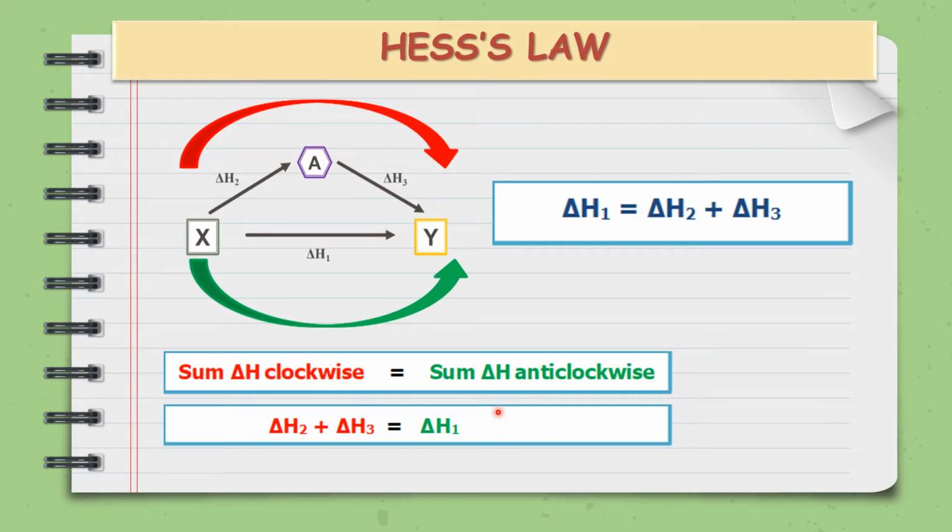Anything you do, you just look at the arrows closely. Delta H2 and delta H3 are in the same direction, and delta H1 is in a different direction. So you put the delta H with the same direction on one side and the delta H with different direction on the other side. Okay, so this is basically your Hess's Law.